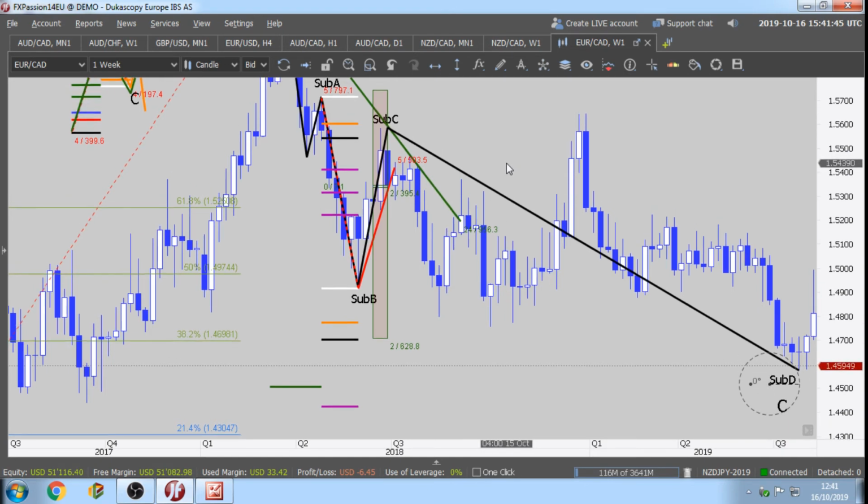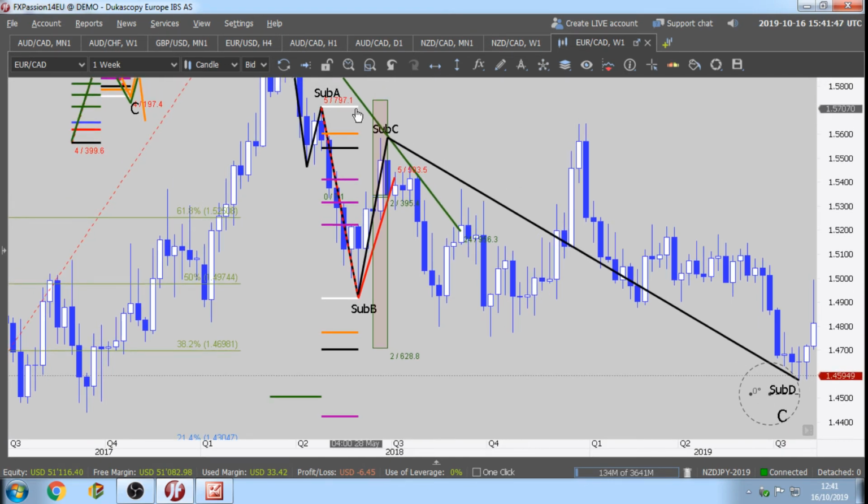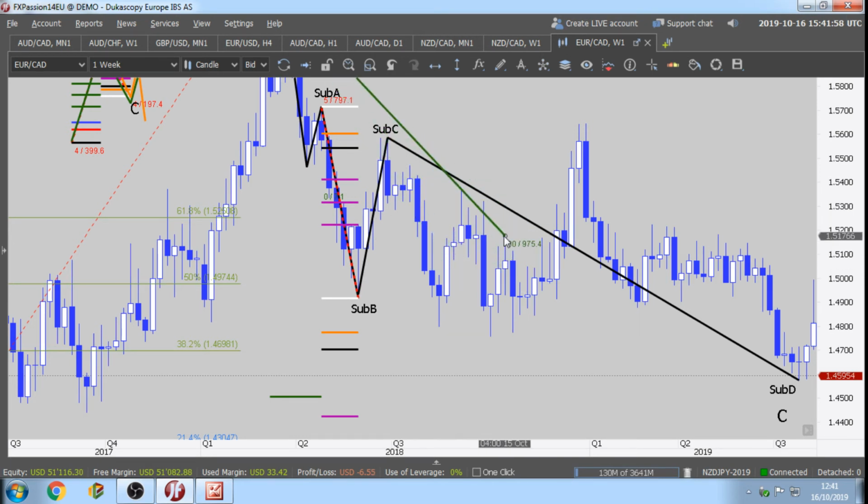What we're going to do, we are going to adjust our Contrarian Fibonacci. Again, I'm going to delete the risk reward. I'm going to delete the Contrarian counter trend and break. I'm going to adjust my counter trend line in here, the green one, and I'm going to adjust my Contrarian Fibonacci.